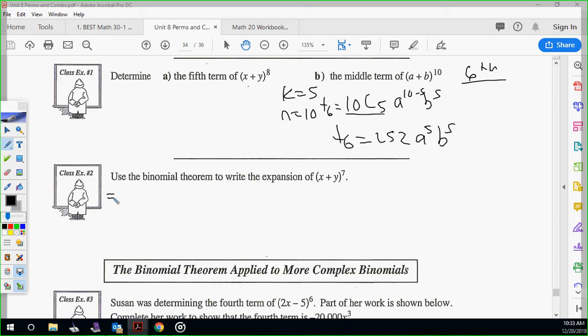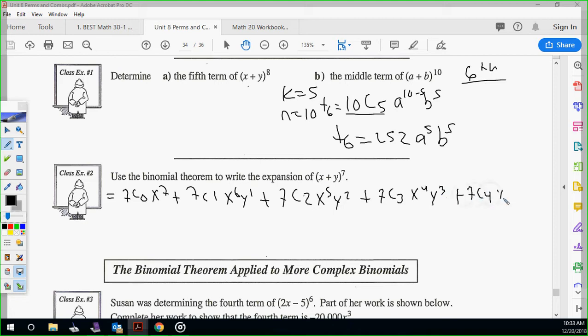So what they're saying is it's going to go 7C0 x7 plus 7C1 x6 y1, 7C2 x5 y2, 7C3 x4 y3, 7C4 x3 y4.